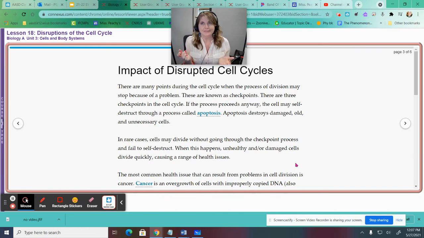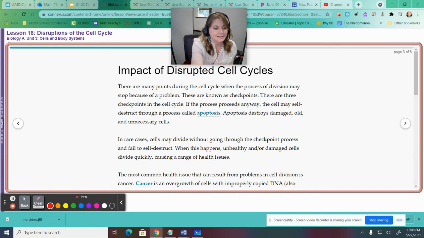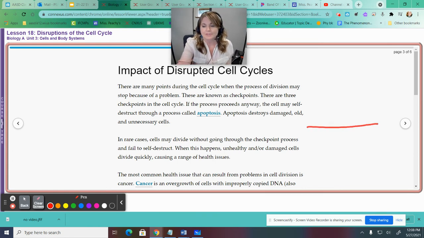I think your skin is a great example of this, because in your skin you've got your epidermis, and there's multiple layers of your epidermis, and at the very bottom of your epidermis you've got these cells that divide and form new cells. At the very top of the epidermis are these really old and damaged cells that die.